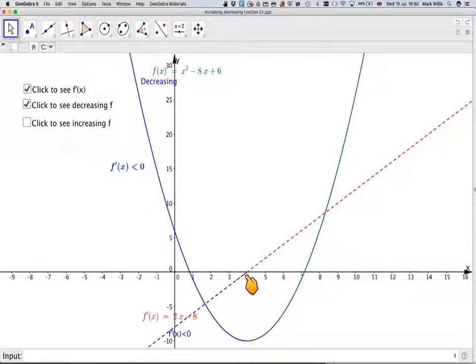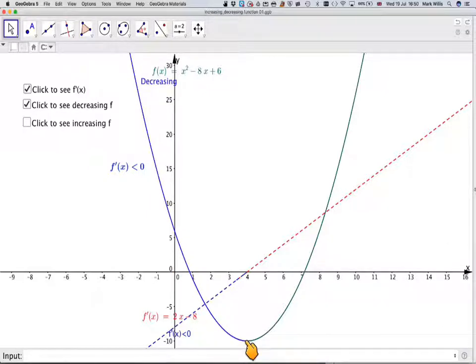Okay, so just to repeat that: for values less than 4, this derivative is less than 0, i.e. all these values here are negative on this axis. And we can see that the corresponding original function is decreasing.